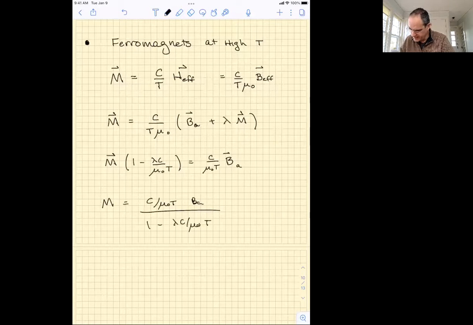Let's multiply numerator and denominator by T, and also let's call the applied field over mu naught, we'll call that H. So then we have C divided by T minus lambda C over mu naught times H.